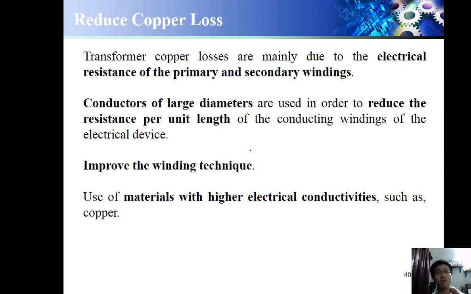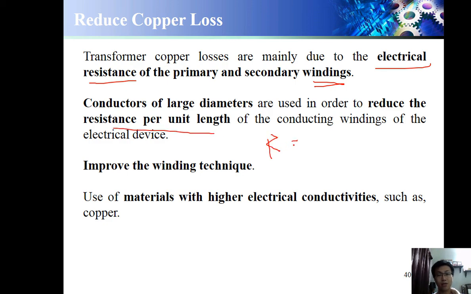Next, how to reduce the copper loss? Transformer copper loss is mainly due to the electrical resistance of the primary and secondary windings. Conductors of large diameters are used in order to reduce the resistance per unit length.